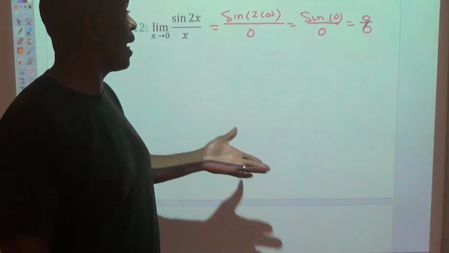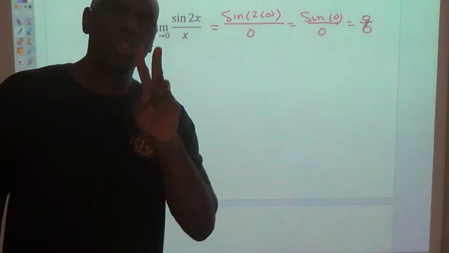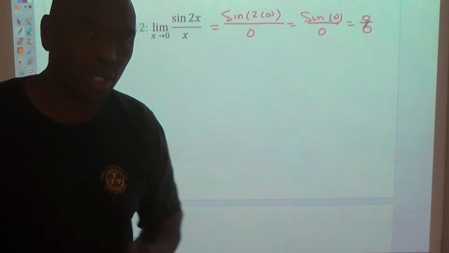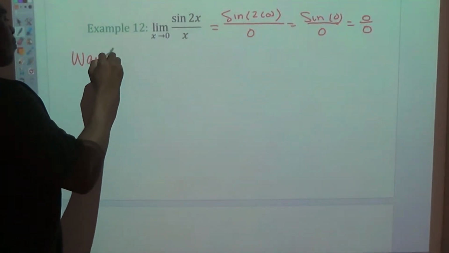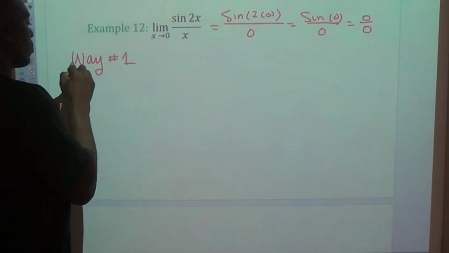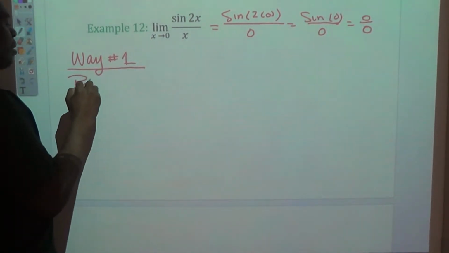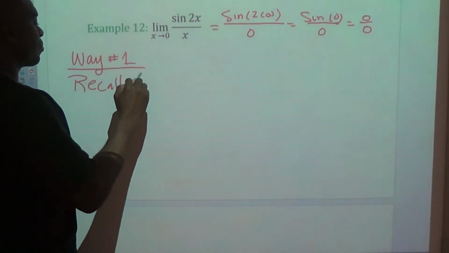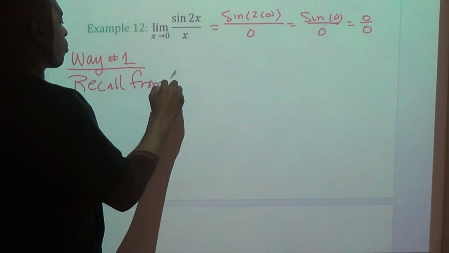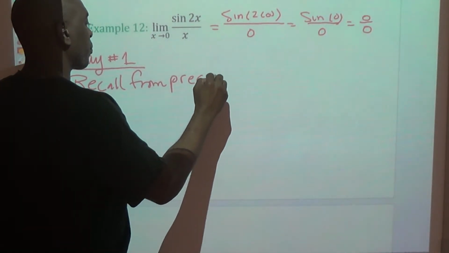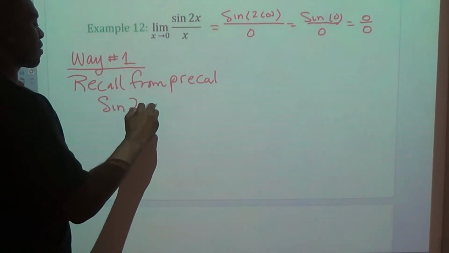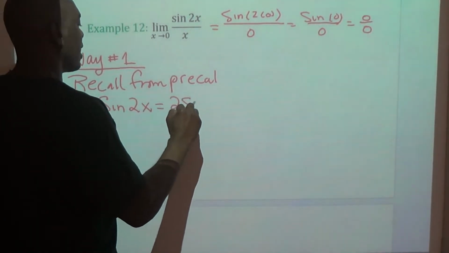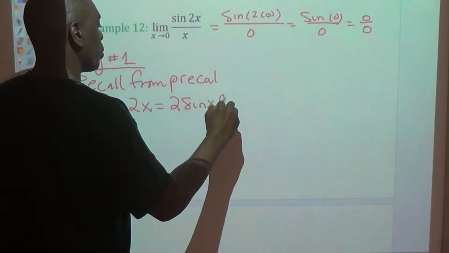So we have to rewrite sine 2x. Two ways to do it. Way one. You need to recall from pre-calculus that the sine of 2x equals 2 sine x cosine x.